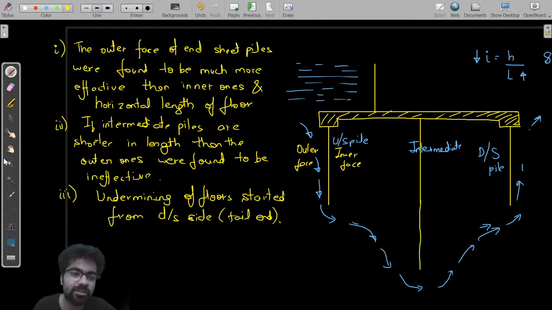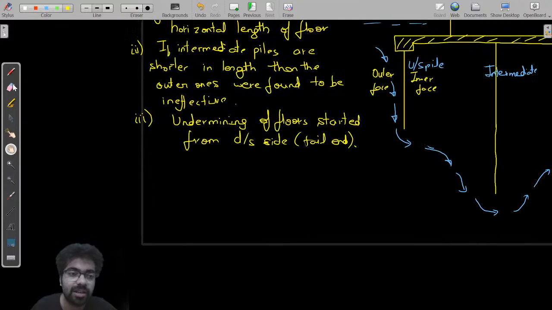And the last point was that the downstream pile was extremely necessary, otherwise nothing will happen.